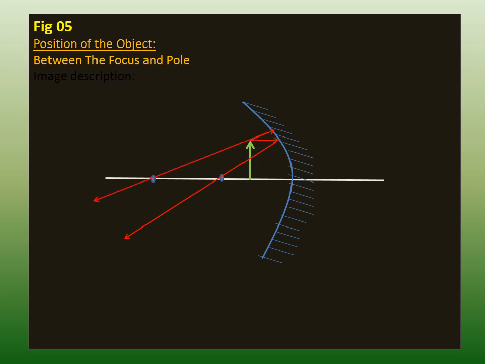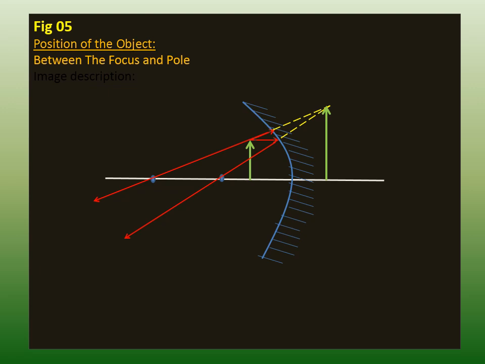And in this case we have to draw some extended lines like this. This is the extended line for the reflected ray. This is another extended line for the other reflected ray, and there we get the image. This is the virtual image, and it is magnified.